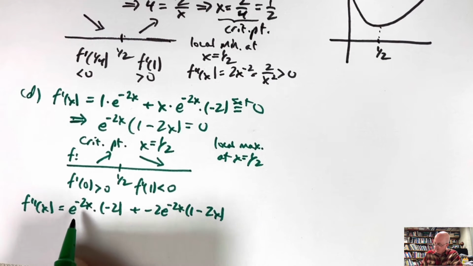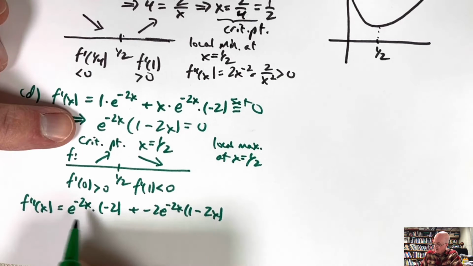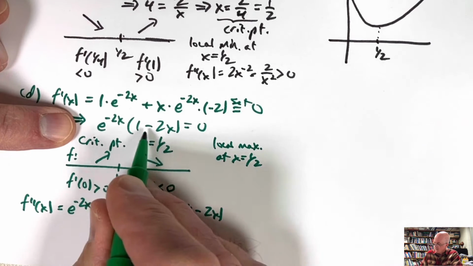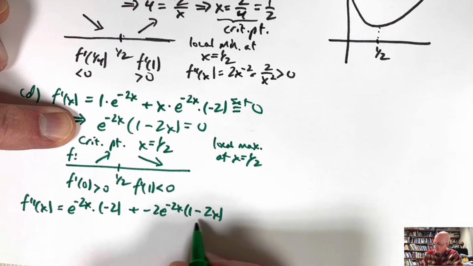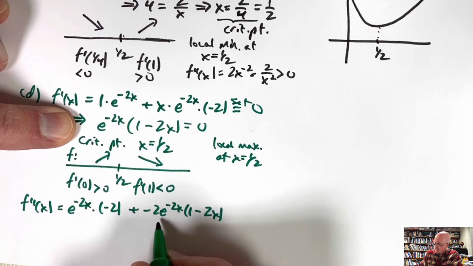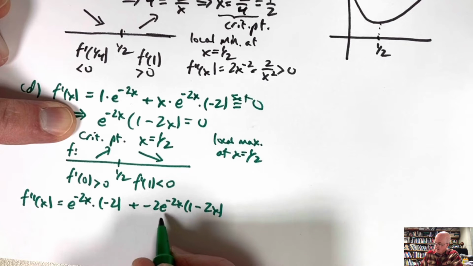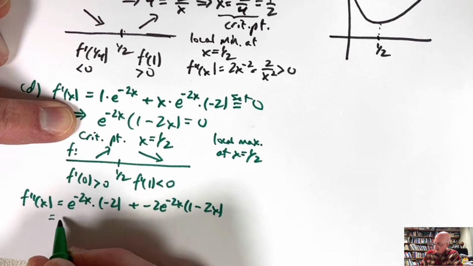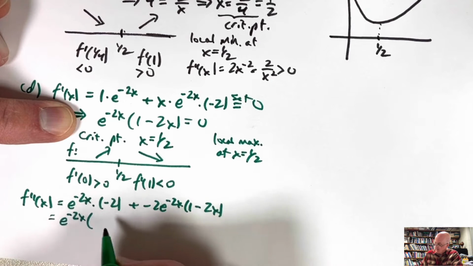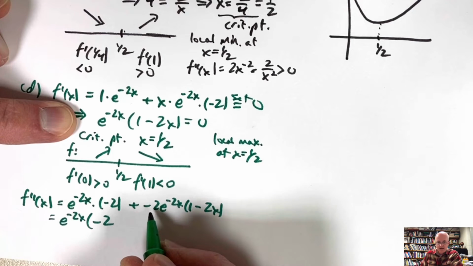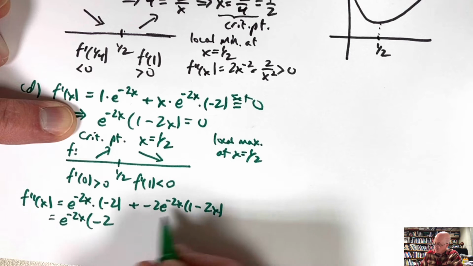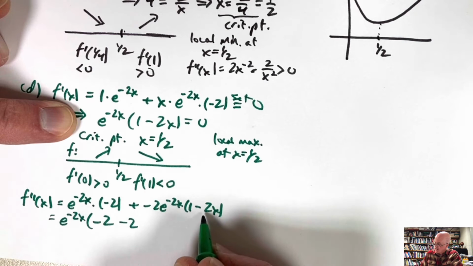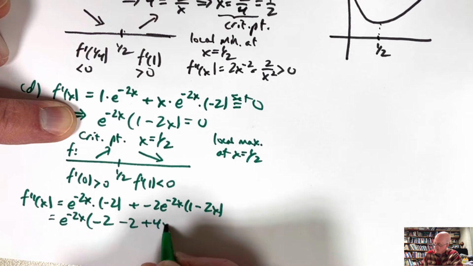I took the derivative of the first function, e to the negative 2x, times the second, 1 minus 2x, plus the second function, 1 minus 2x, times the derivative of the first. There's the derivative of e to the negative 2x. You can factor out e to the negative 2x. What's left over is a minus 2 there, and I've got to distribute the minus 2 through here. Negative 2 times 1 is minus 2, and negative 2 times negative 2x is positive 4x.